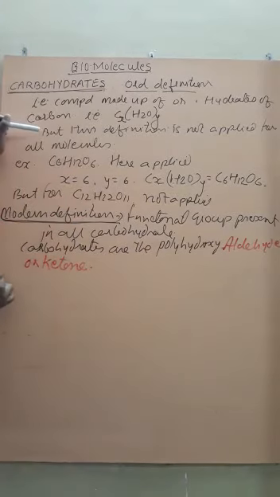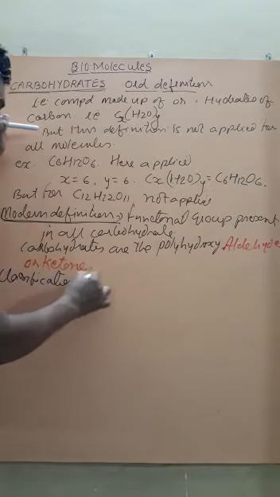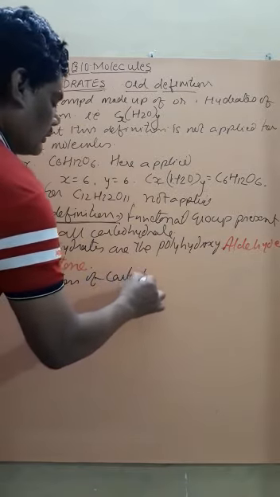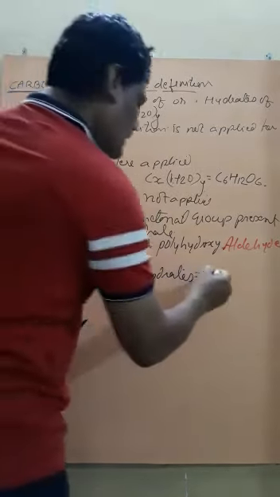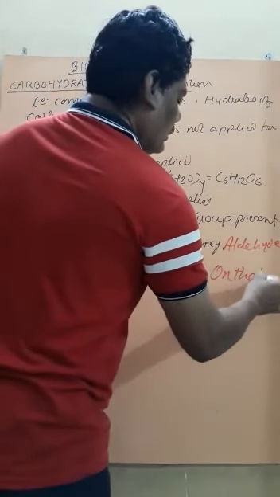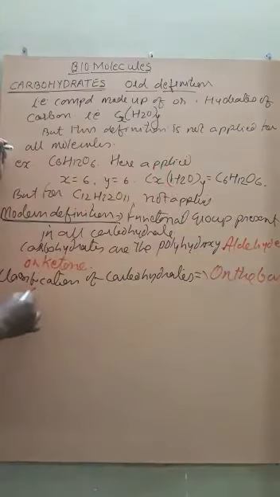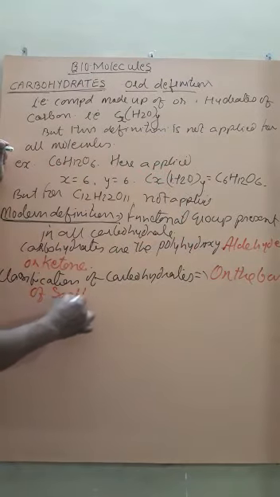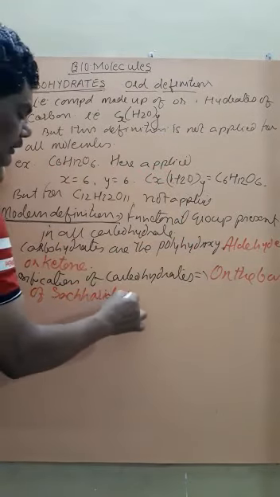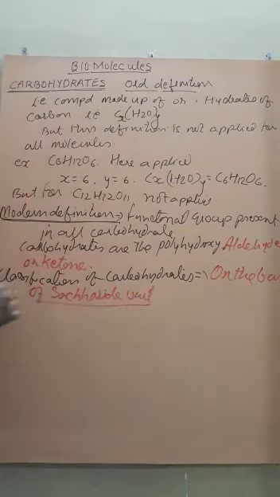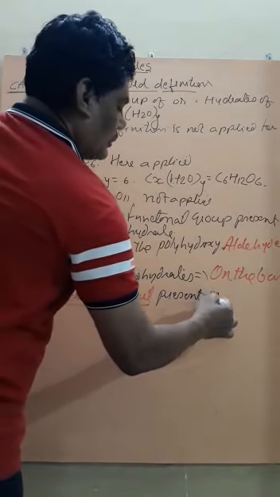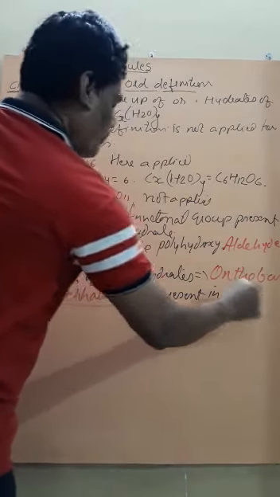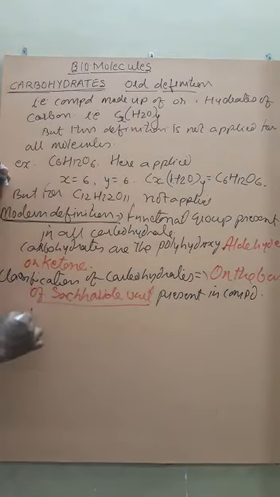Now the classification of carbohydrates. It is on the basis of the saccharide units present in the compound. Students, now saccharide unit means what?